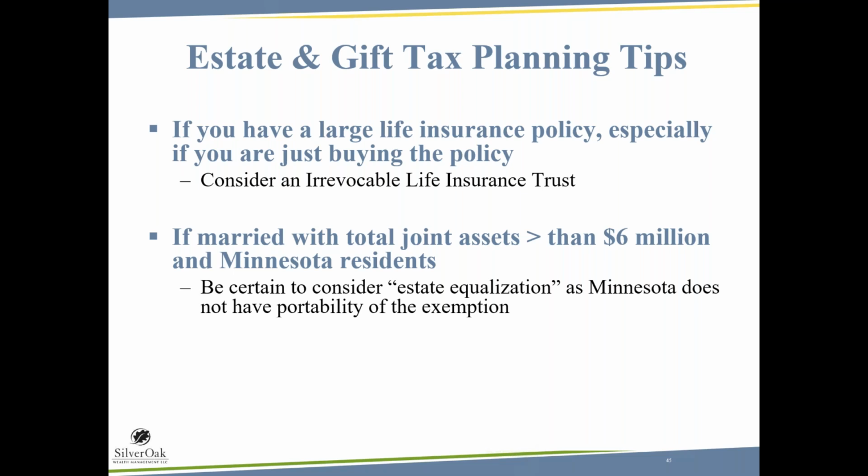If they just simply each own 3 million, it doesn't matter which one of them passes first, they maximize their Minnesota exemption amount. That's estate equalization. Important, especially for Minnesota residents that have more than $6 million.